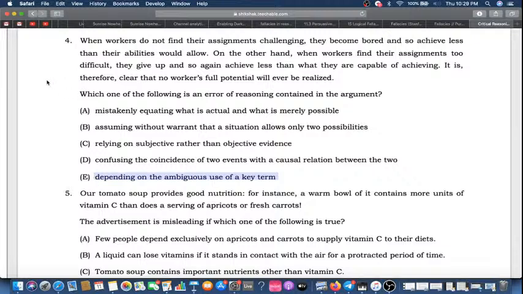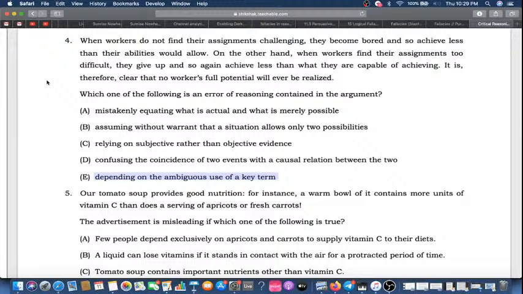When workers do not find their assignments challenging, they become bored and so achieve less than their abilities would allow. On the other hand, when workers find their assignments too difficult, they give up and so again achieve less than what they are capable of achieving. So they get bored and achieve less, or they find it too difficult and they achieve less, right?